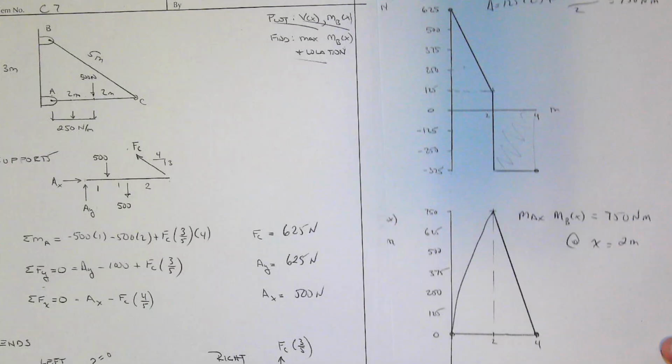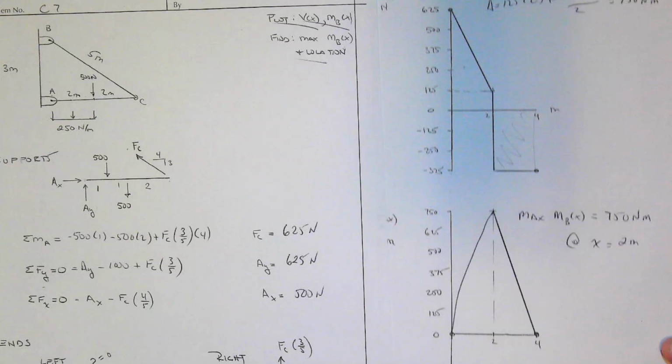So that'll be minus 625 times 3/5, which is minus 375. Okay, and because this is impossibly small, there's no moment created, so MB4 is also 0. So there we have that.